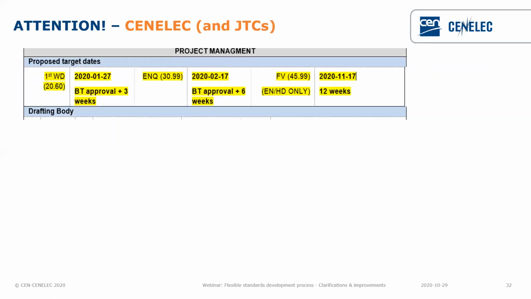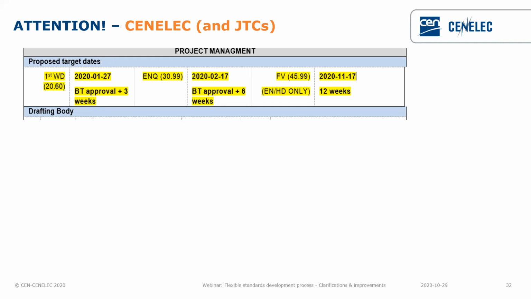And here we make some examples of what a good example is, because you should try to be, for CENELEC work items, but also, as we'll see, for work items from CENELEC joint technical committees, in the shoes of data service.